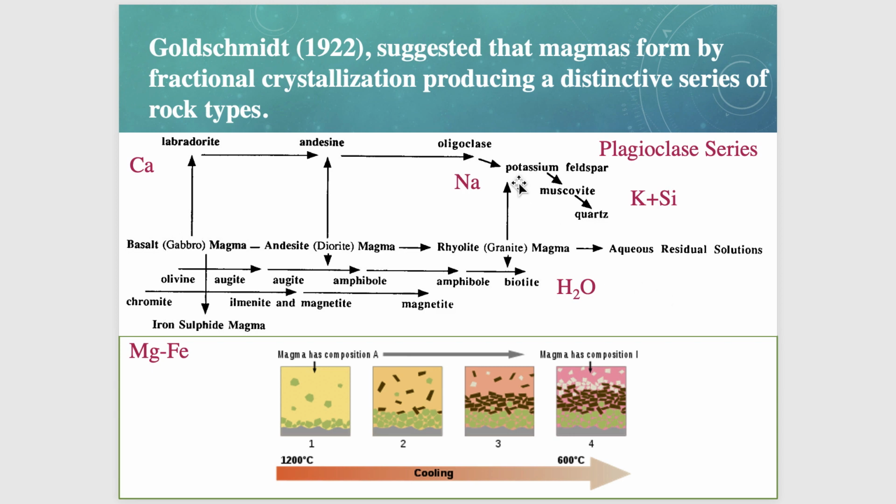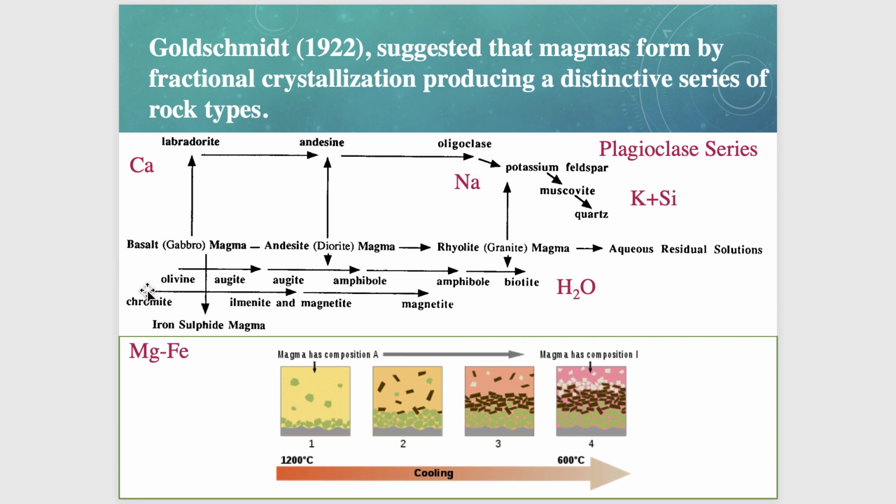And you can see here we are producing, exactly like in the Bowen sequence, the potassium feldspar, the muscovite, and quartz. So it's very similar, but it also has the other important ferromagnesian minerals.